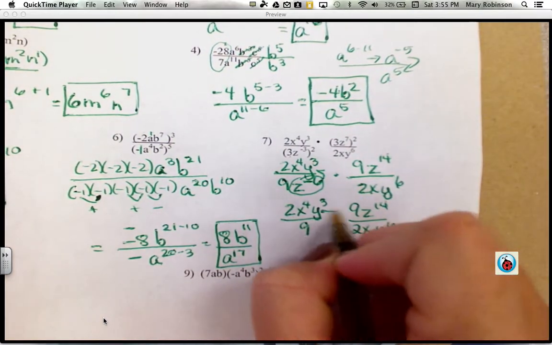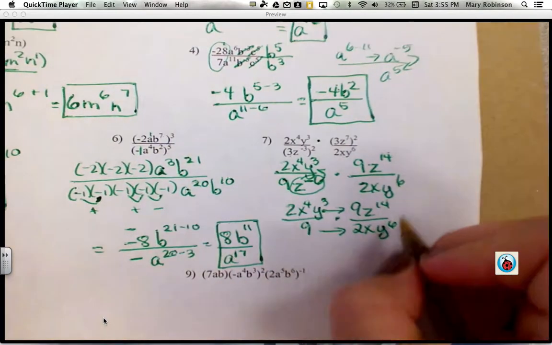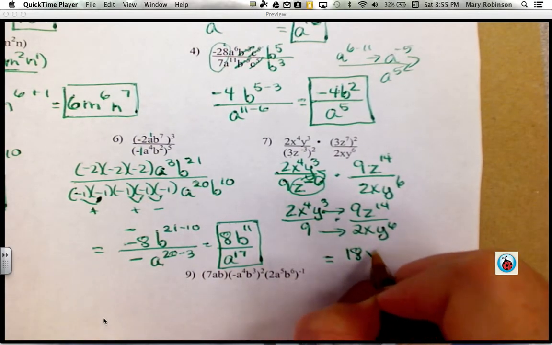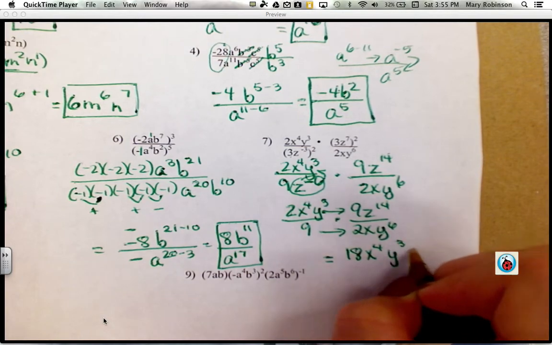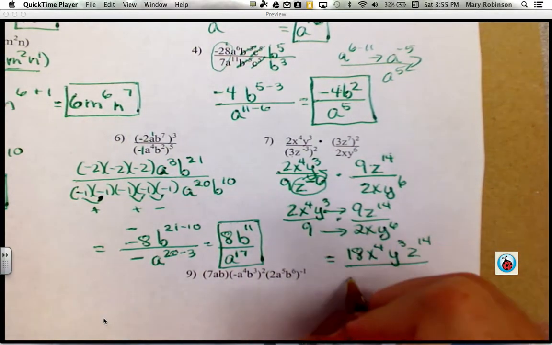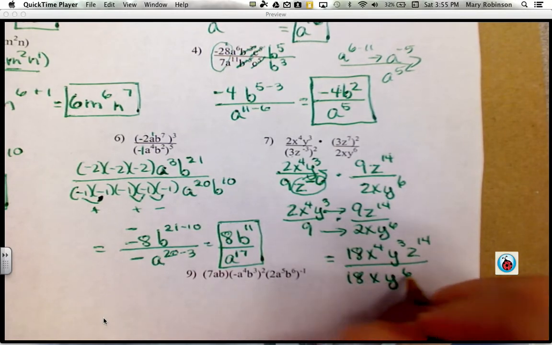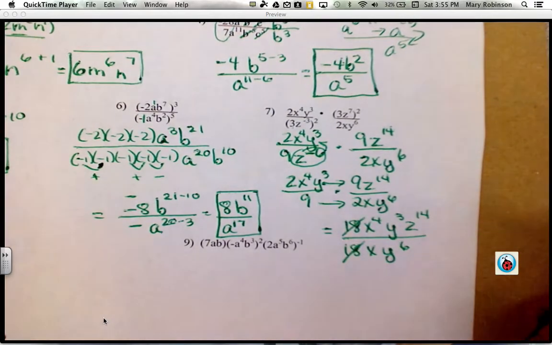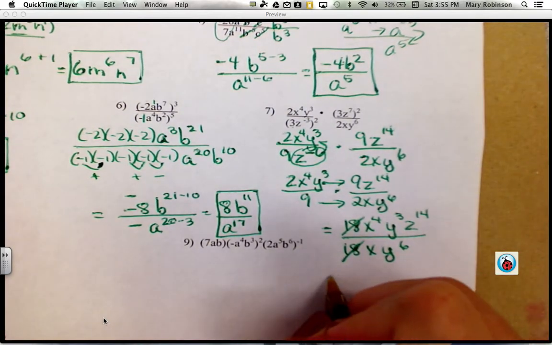And next I want to simply multiply numerators and denominators. So 2 times 9 gives me 18, x to the 4th, y cubed, z to the 14th, over 9 times 2 is 18, x, y to the 6th. Simplifying, our 18 divided by 18 is equal to 1.